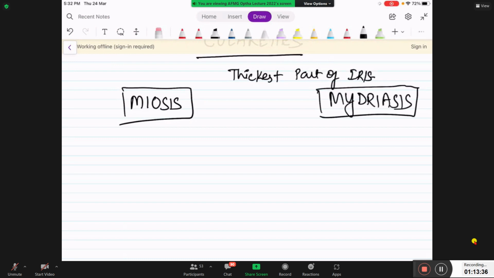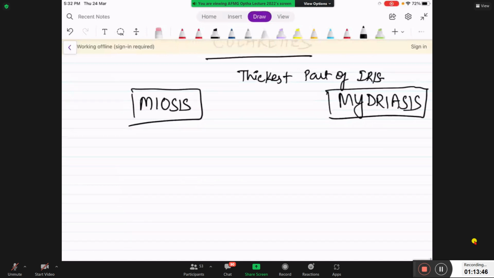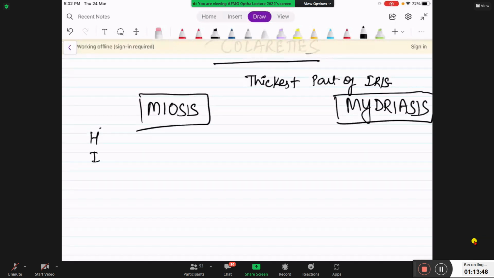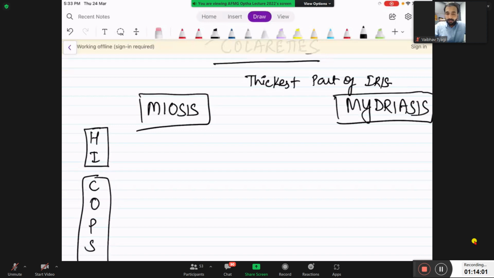You have to remember these. They will be asked in your medicine also as well as in ophthalmology. So here I will give you a mnemonic. Write down, mnemonic for meiosis: High COPS. So when COPS are high, the pupil will be meiosed, a small pupil.